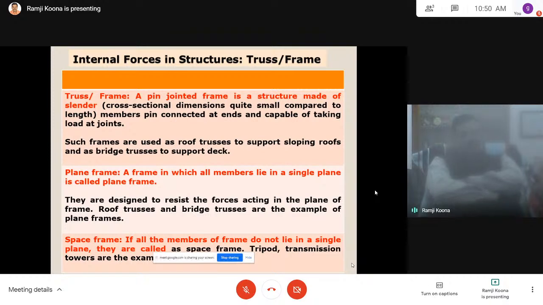Then a space frame is one in which the members of the frame do not lie in a single plane. Examples are cell phone towers, tripod stands, transmission towers, power line towers, heavy capacity towers. Like that, you can give a number of examples.